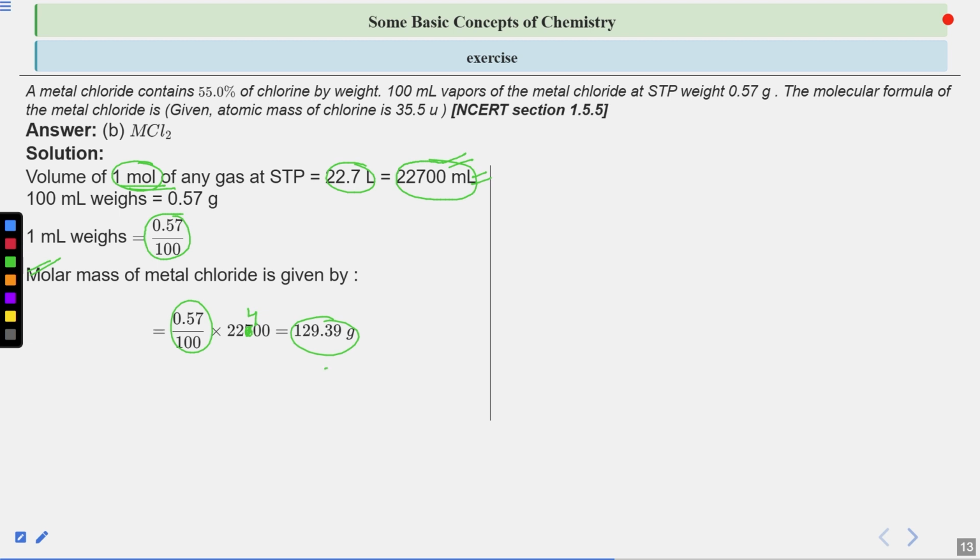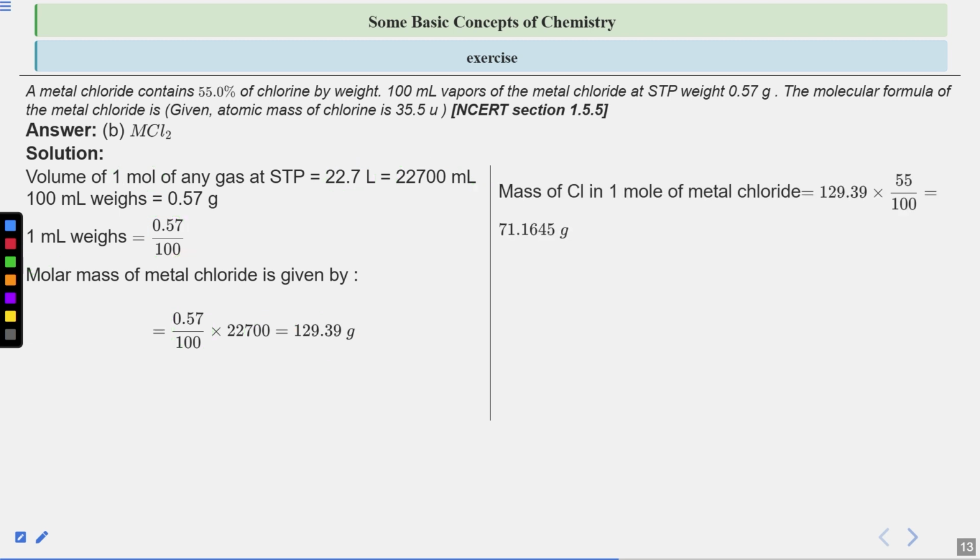Now, what is the next thing that we can say? The next thing that we know is the mass percentage. Now, this is a very crucial thing. So, suppose the molar mass of the metal chloride is 129.39 gram. Okay. Now, what is the mass of Cl that would be present in that amount?